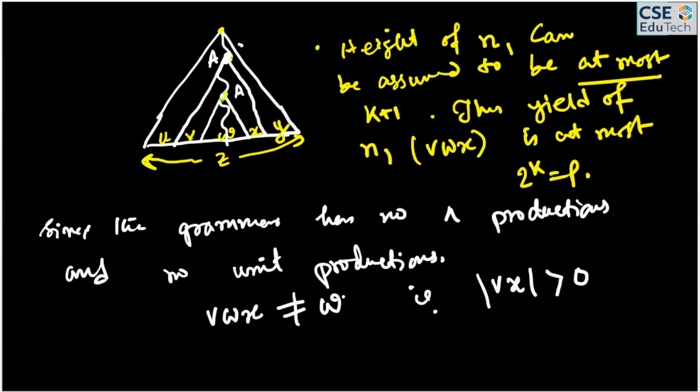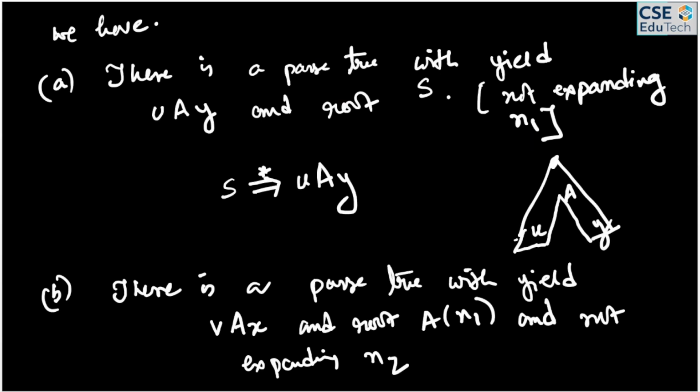If we consider this as n1 and suppose this is n2, then without expanding n2 we obtain vAx. That is, A after many steps derives vAx.